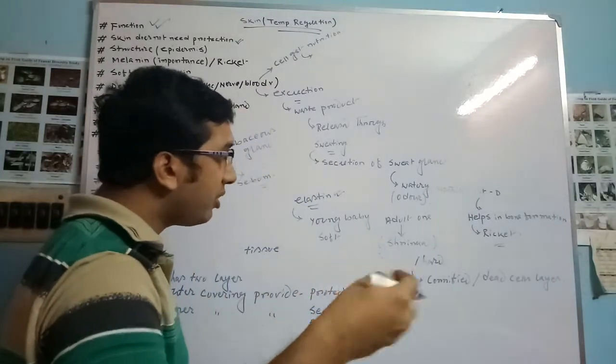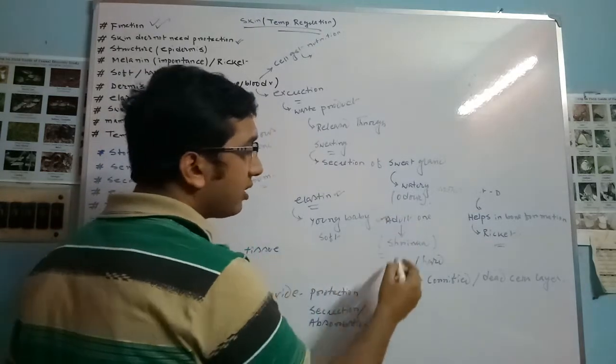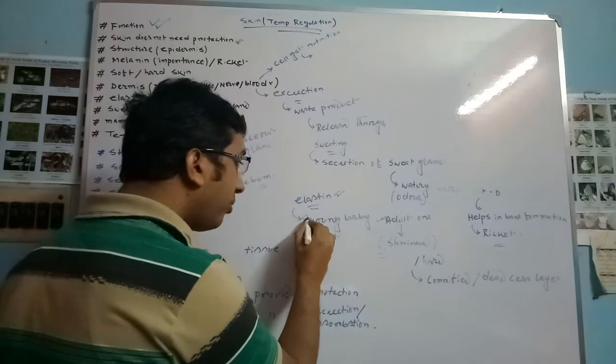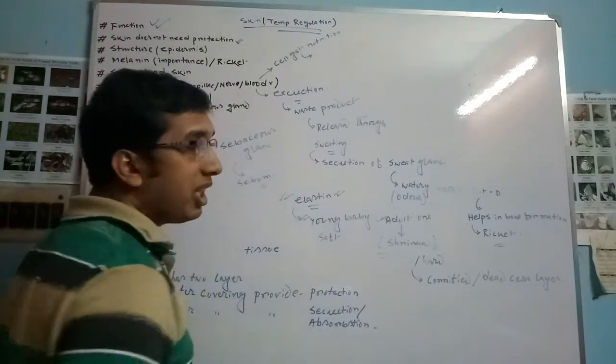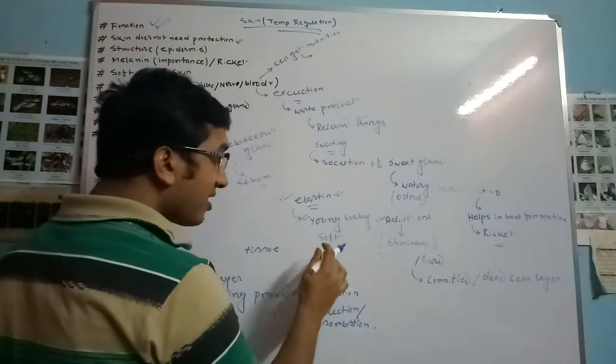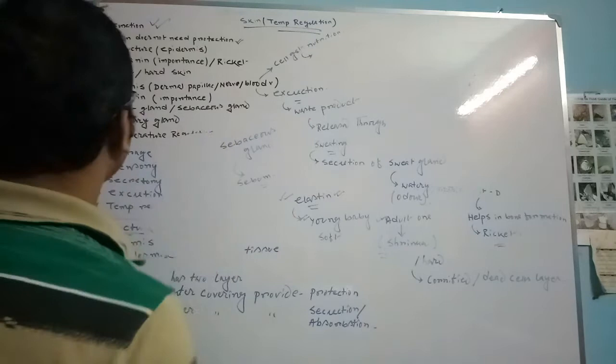The elastin becomes degenerated, hence the skin of adult persons becomes shrunken, but in young individuals an enormous amount of elastin is present, so the skin also remains soft. That is the importance of elastin.